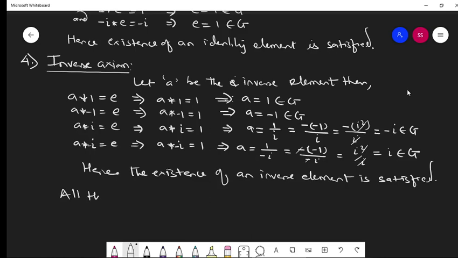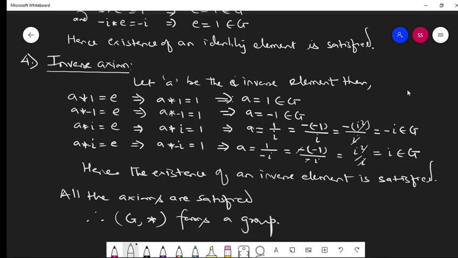All the axioms are satisfied. Therefore, G, asterisk forms a group. In this way, we can show that G equals 1, minus 1, I, minus I forms a group.